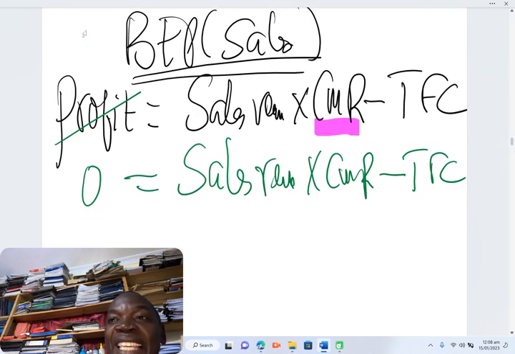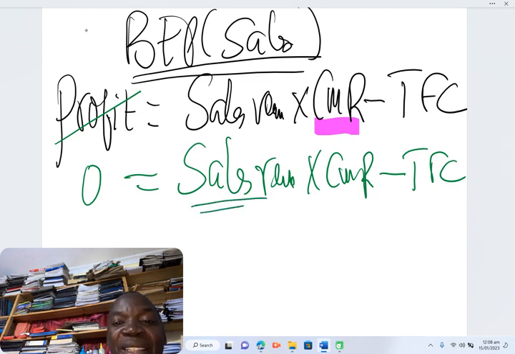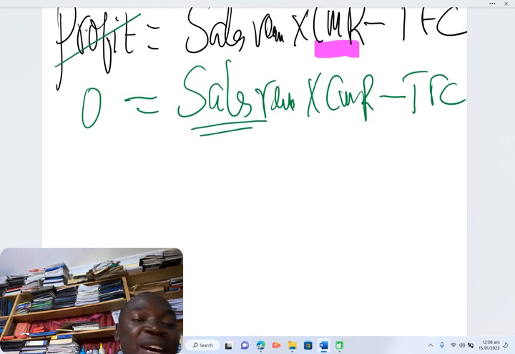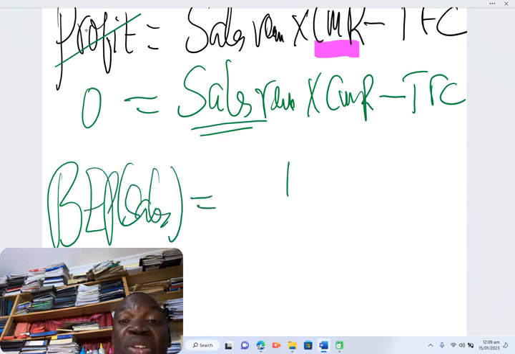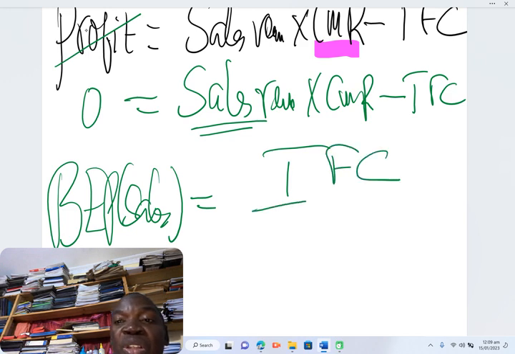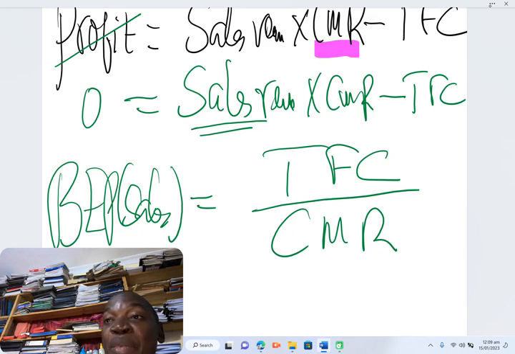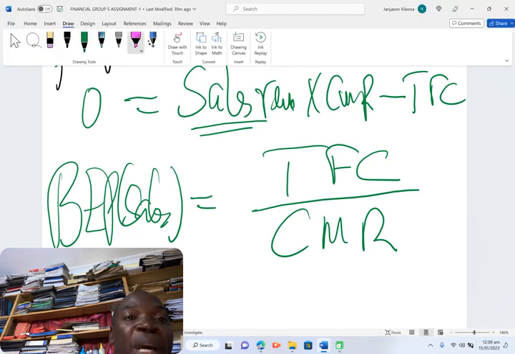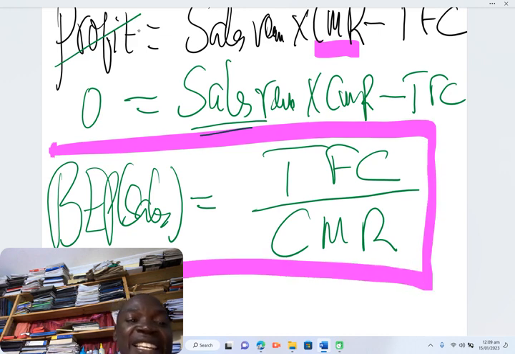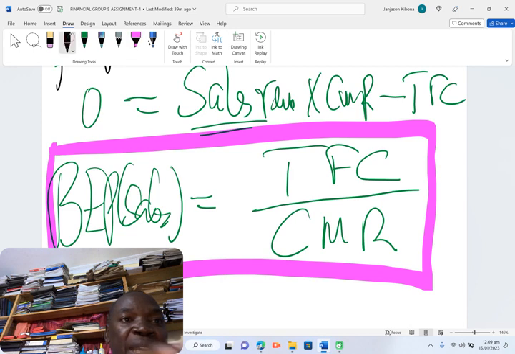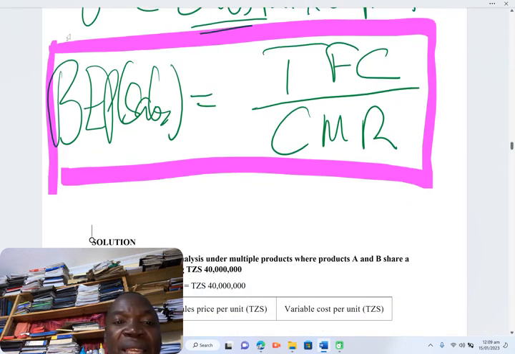You make the sales revenue the subject, so this is now BEP in sales equals total fixed cost over CMR. Remember, CMR, contribution margin ratio, is CM ratio in other words.